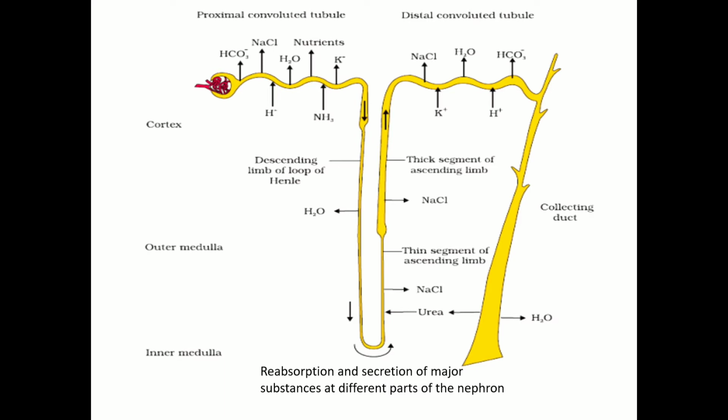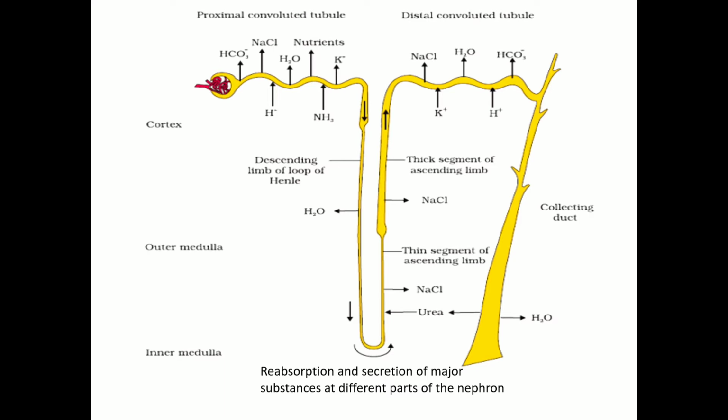Now, functions of tubules. First we have PCT. PCT, that is proximal convoluted tubule, is lined by simple cuboidal brush-bordered epithelium which increases surface area for reabsorption. Nearly all the essential nutrients and 70 to 80% of the electrolytes and water are reabsorbed by this thin segment.